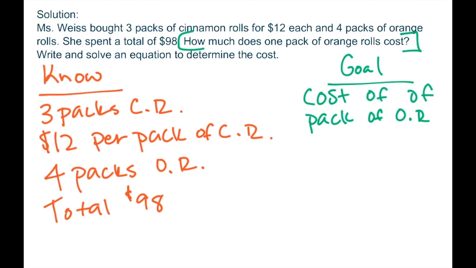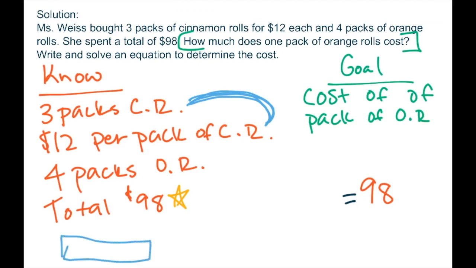So let's go ahead and try to set up an equation based on this information. One thing that stands out to me is that my total is $98. So I'm going to go ahead and put an equals 98 as part of my equation. I also know that I've got 3 packs of cinnamon rolls at $12 per pack.